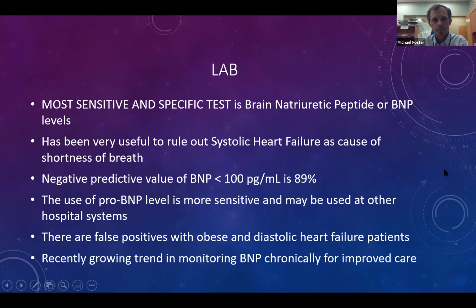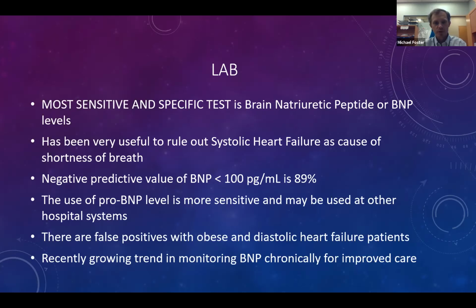Now, in the last 20 years, the use of the brain natriuretic peptide has changed our ability to rule in and rule out heart failure patients in the emergency department with very good sensitivity and specificity. So it's going to be useful with a patient that comes in with no history of cardiac disease and complains of shortness of breath.